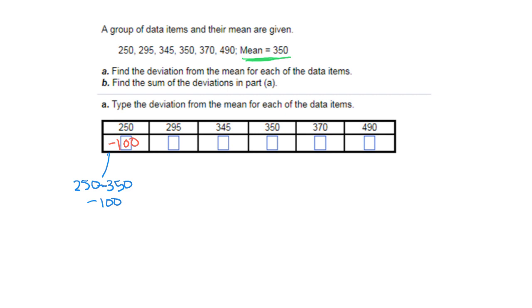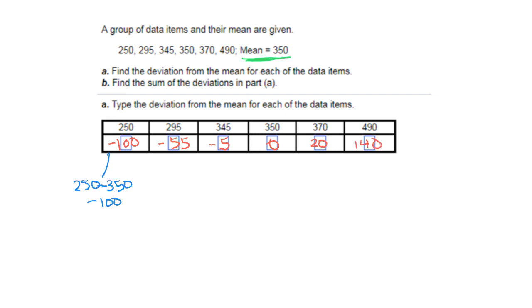I'm going to do the same thing for each value. 295 minus 350, negative 55. 345 minus 350 gives me a negative 5. 350 minus 350, 0. 370 minus 350, 490 minus 350.